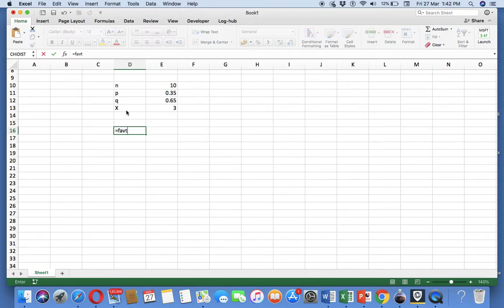In Excel it is called factorial n divided by factorial n minus x, into factorial x, multiplied by p raised to the power of x, into q raised to the power of n minus x.